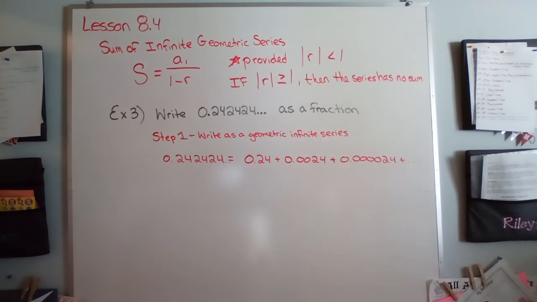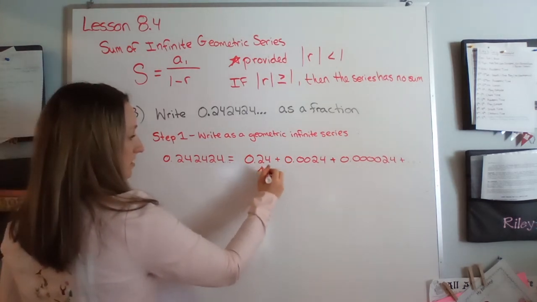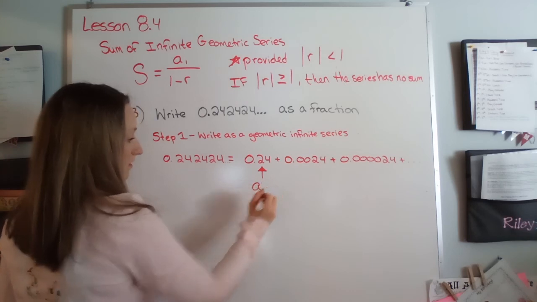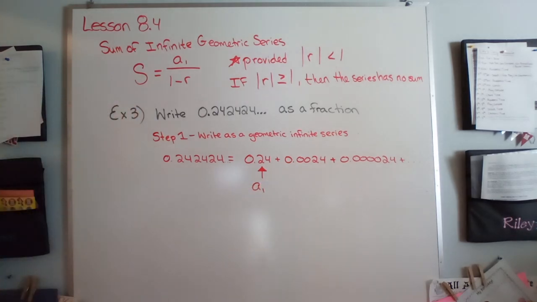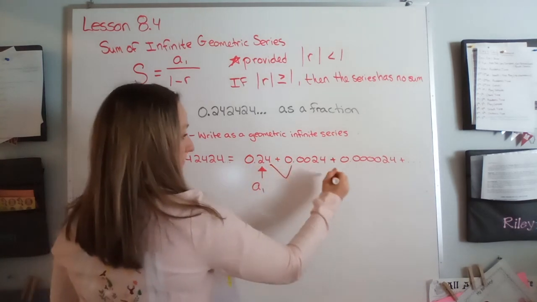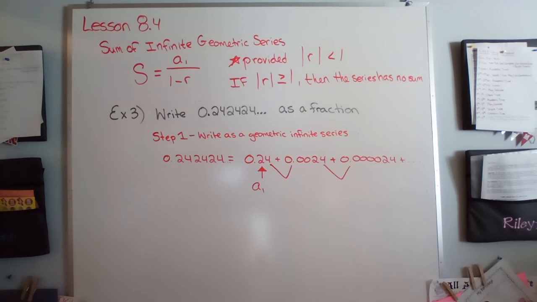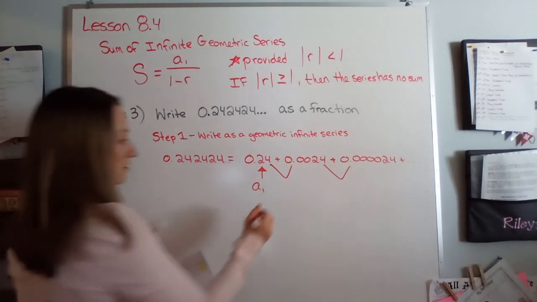From there, identify your a sub 1 value. This is your a sub 1. Also, identify your common ratio. What are you multiplying by to get from there to there and there to there? Your common ratio is going to be 0.01.